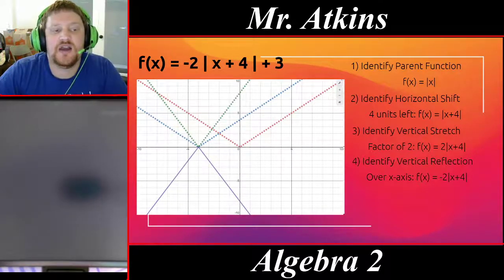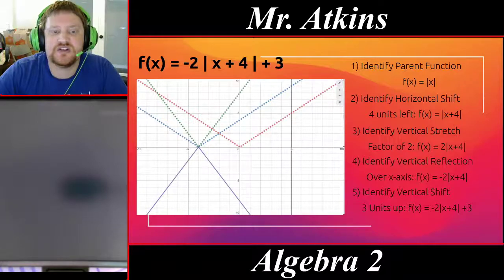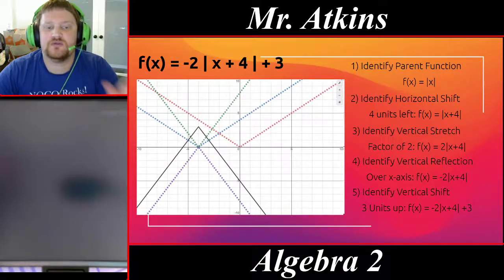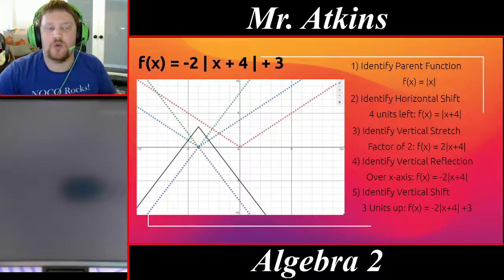Awesome. Addition on the outside is up, so we're moving up 3 units, giving us the same final equation, and this is what our graph looks like. You don't have to draw each and every one of these middle graphs if you don't want to, but you can kind of see how it helped to identify where we were going and what we were doing.